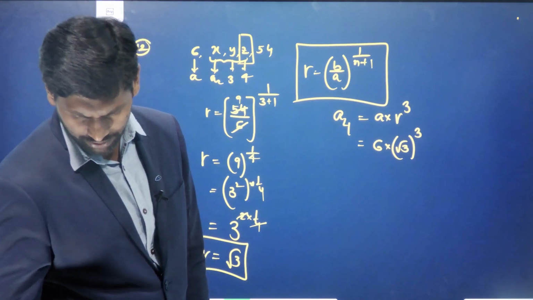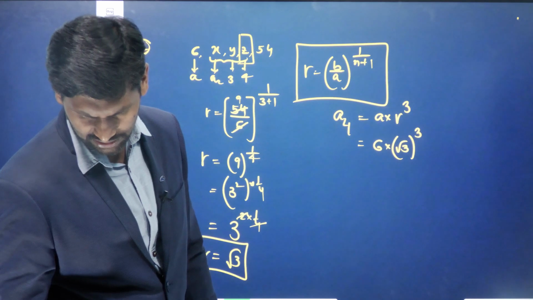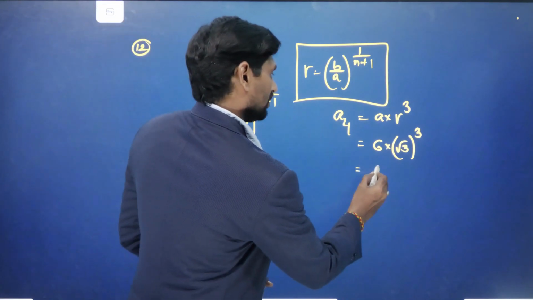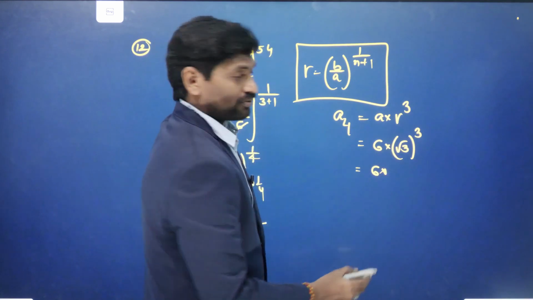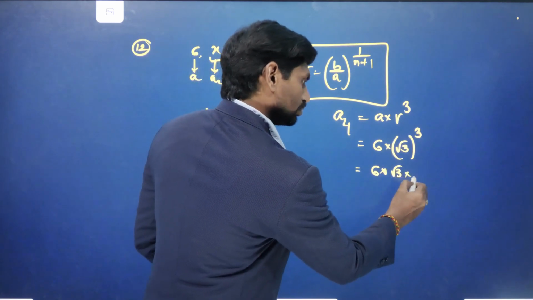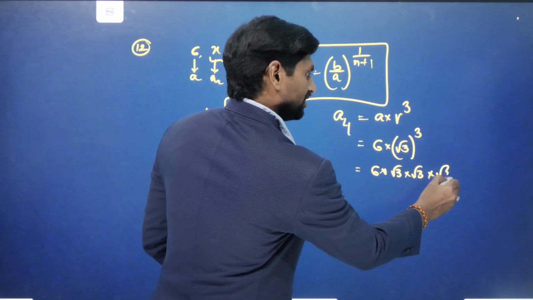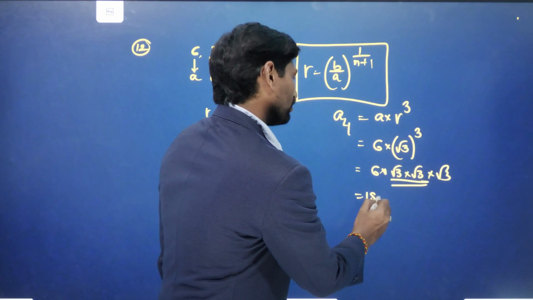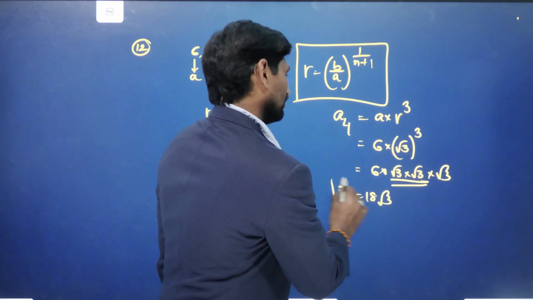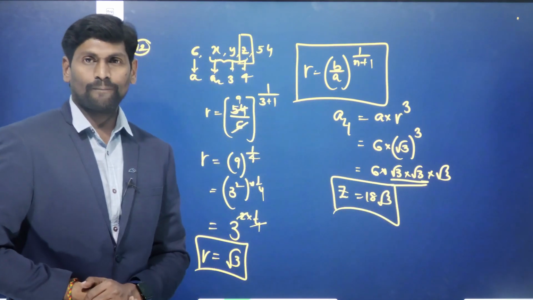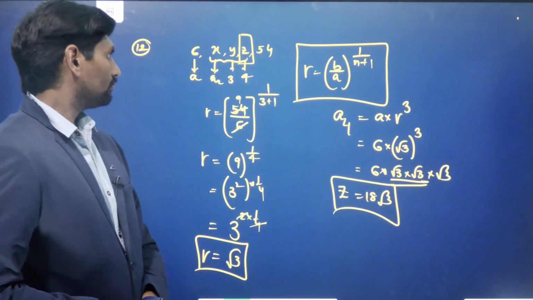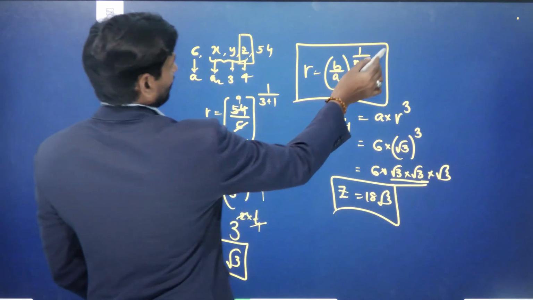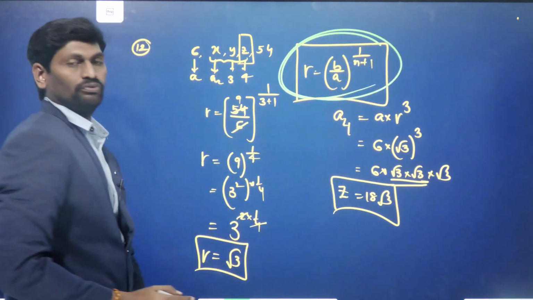From the options we will get that, but try to simplify this more. Root 3 whole cube means root 3 into root 3 into root 3. Root 3 into root 3 becomes 3, and 6 3s are 18. 18 root 3 is our required answer. This is the z value. This formula is very important to find these values.